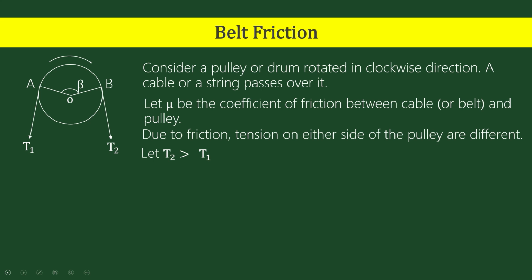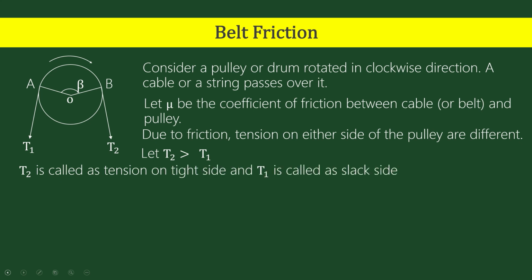If we consider anti-clockwise rotation with the same diagram, then T1 will be greater than T2. T2 is called the tension on the tight side and T1 is called the tension on the slack side. T2 is greater than T1 must be remembered.